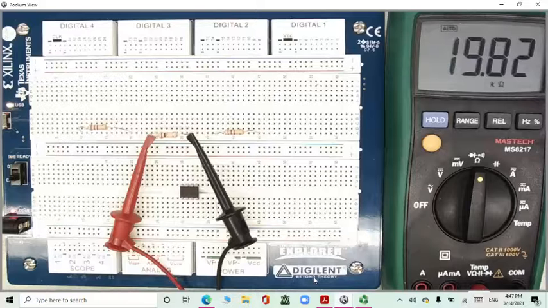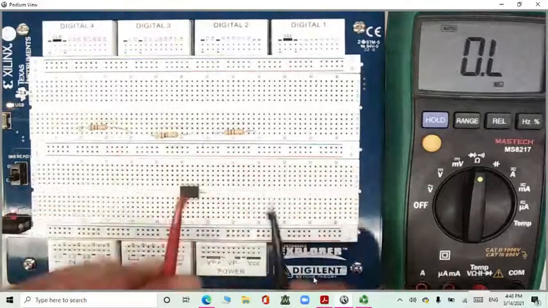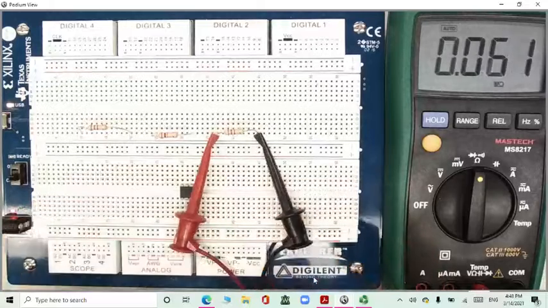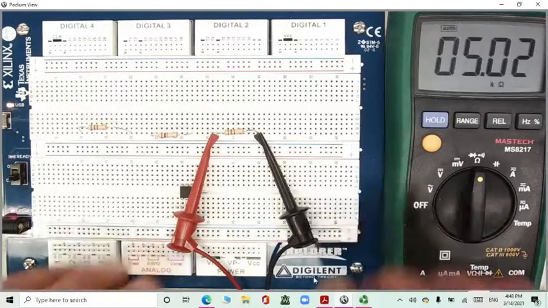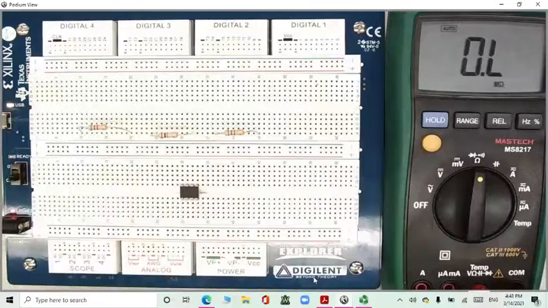Due to tolerance, we cannot get exactly the same value, but it's within the tolerance, so they can be used. R3 is 5.02 kilo ohms. After measuring these, we can start building our circuit.